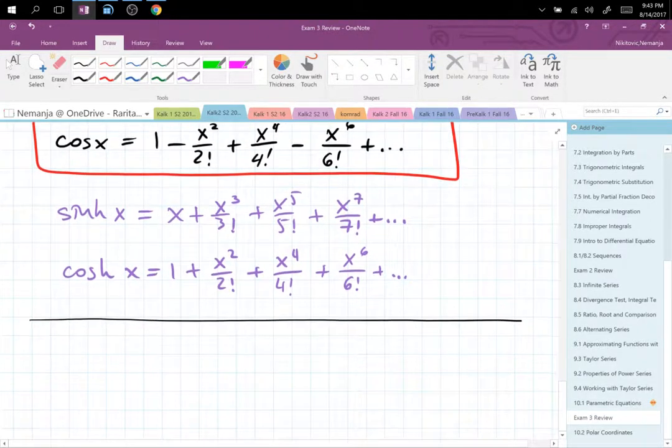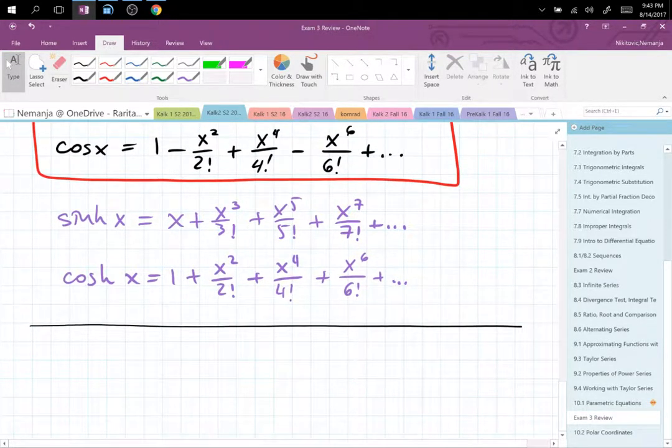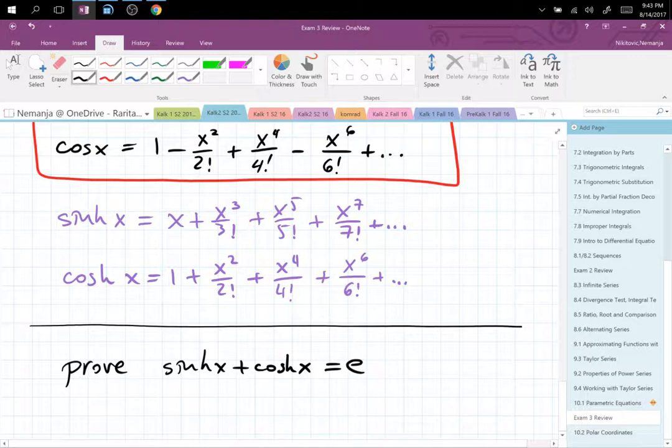6.10. So another problem that you guys have probably seen in the 6.10. Now this is, for instance, a good final exam question, right? Prove sine hyperbolic x plus cosine hyperbolic x is equal to e to the x.